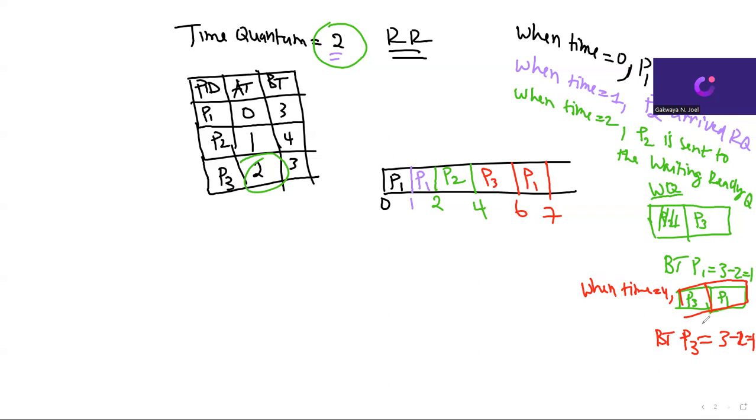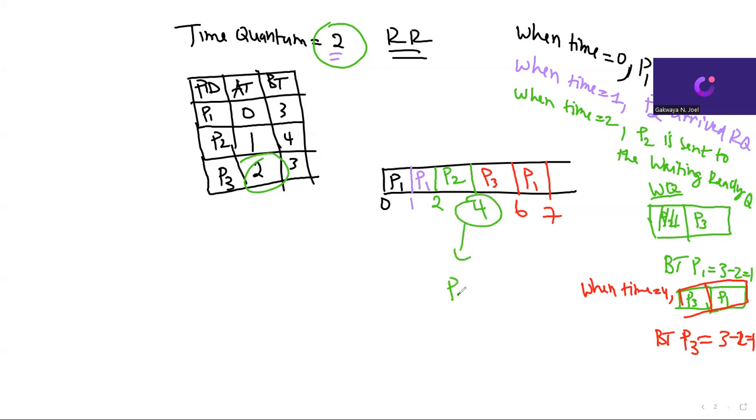And in this time, P2 was in the waiting list, right? P2 was in the waiting list with updated burst time. When P2 arrived here, we updated.